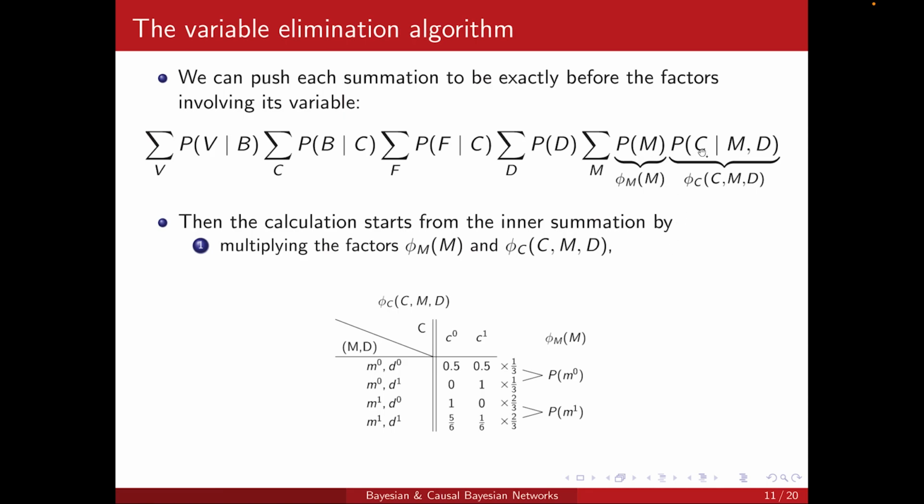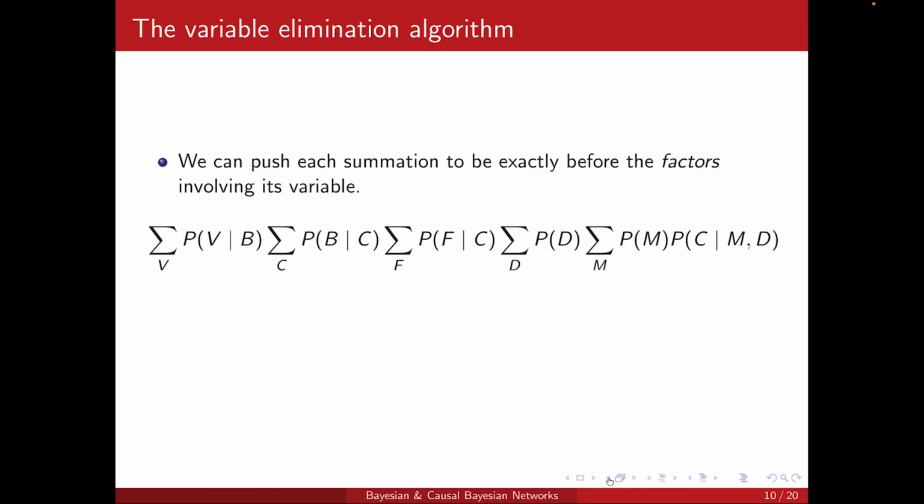So I first have to multiply these two, and I can do that by looking at the probability table. P of C conditioned on M and D is this term here, right? The values of the CPD, and the M and D are appearing here, and this needs to be multiplied by P of M, which only takes two values, M0 and M1. The way to do this, according to this table, is straightforward. The first two rows have M0, so I multiply them by P of M0.